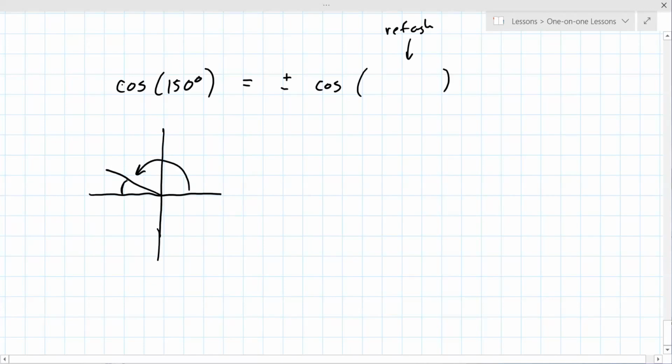It's 30, or pi over 6, right? Then it's plus or minus, and that comes from All Students Take Calculus. So it's negative, because the cosine is negative. That's right. So this is really negative cosine of 30. Now you can say, I know what it is. Cosine of 30 is square root of 3 over 2. That's negative. Okay, but that was in degrees.